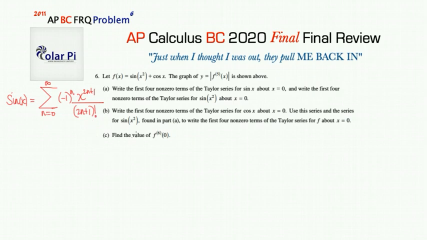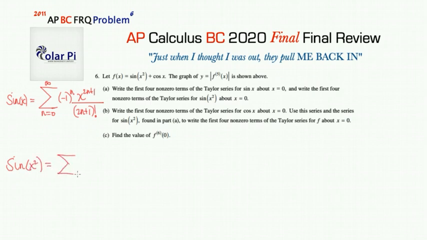Okay. All right. So if you have this, it's easy to get to the Maclaurin series for sine of x squared. You just replace this x with x squared. I keep calling it a Maclaurin series because that's what a Taylor series centered at 0 is.